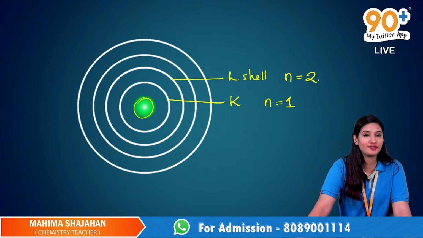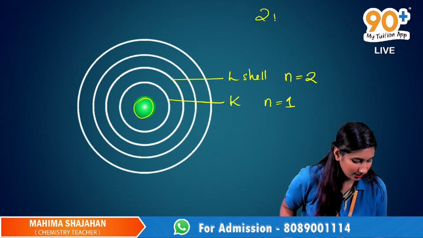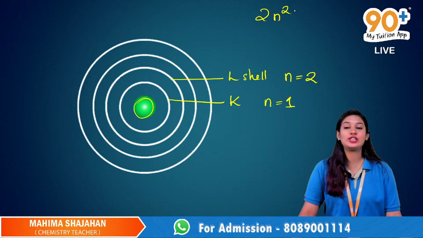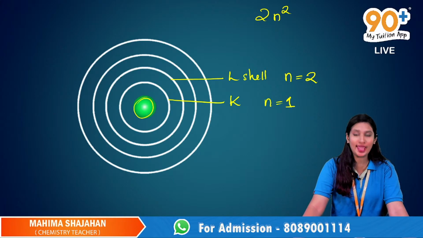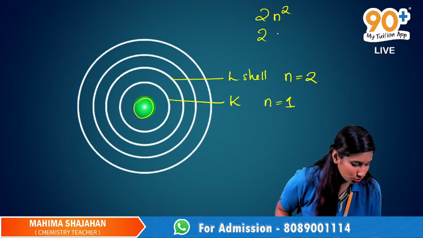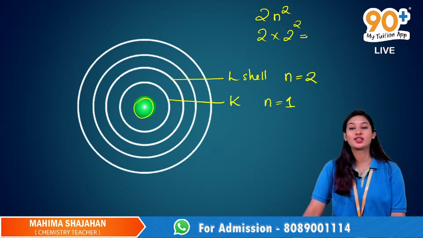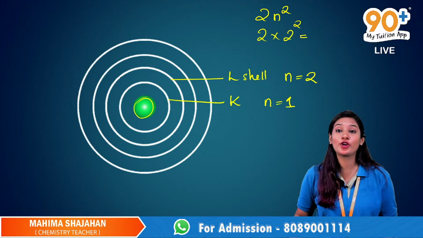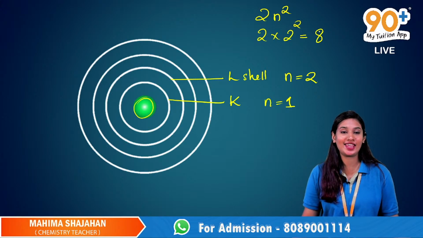Now, shall we find the maximum number of electrons? It is given by the formula 2 into n square, and now substitute 2 for n. So we'll get 2 into 2 square. 2 square is 4. What is 4 into 2? It is 8.